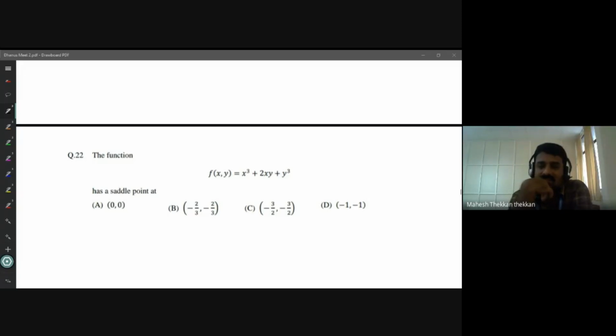As a syllabus, it is reasonably okay to discuss, but once you come to the problem side, there are a lot of problems from the maxima minima part and the integration part. It will take more time. That is why I have not included that in the previous one. I thought if I had time, I would have discussed those things today, but I didn't get time, because while doing problems, it takes time.